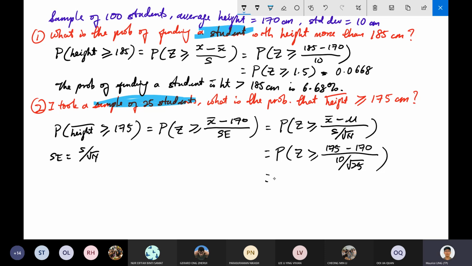Then you have 5 divided by, what is 10 over square root of 25?